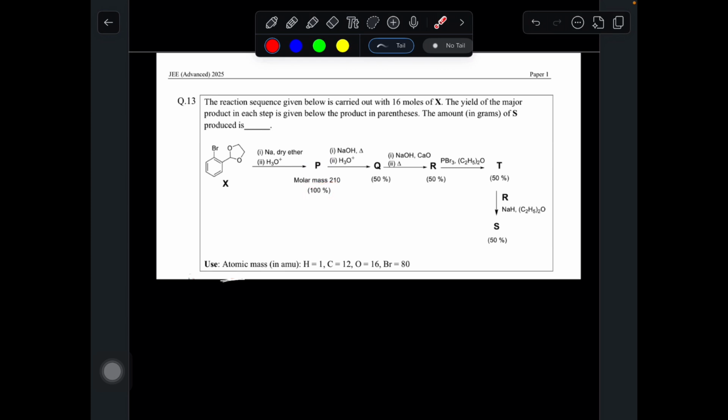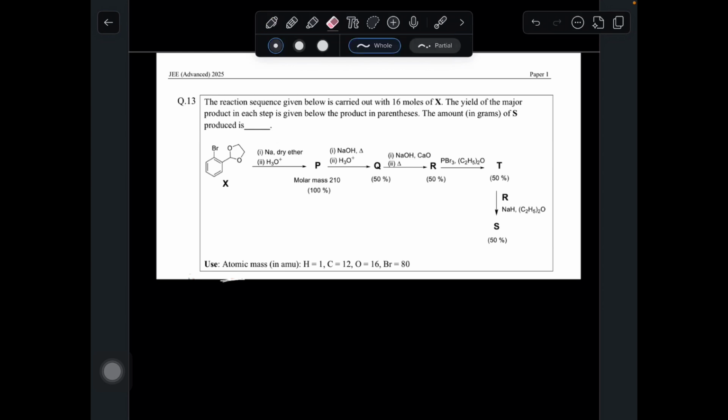The percentage of yield means the P formed from X shows 100%, then Q is 50%. If I do this question step by step, X starts with the first step, sodium in dry ether.